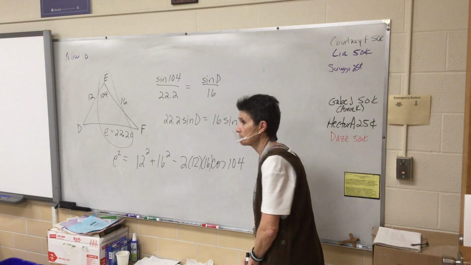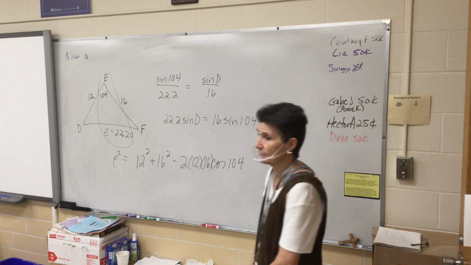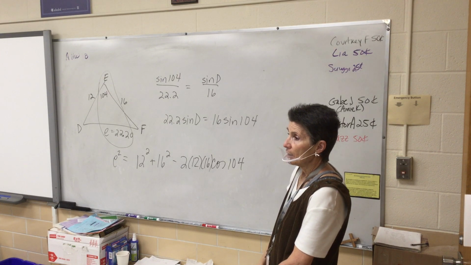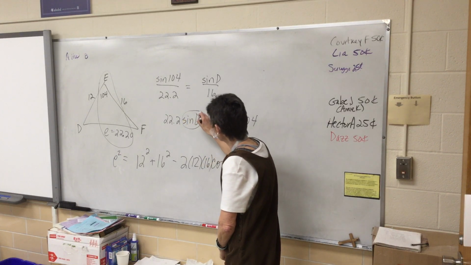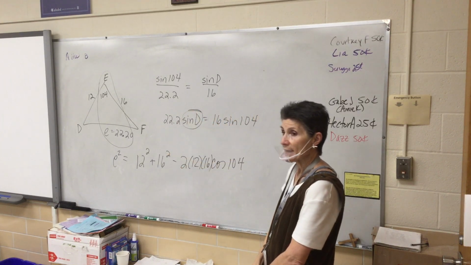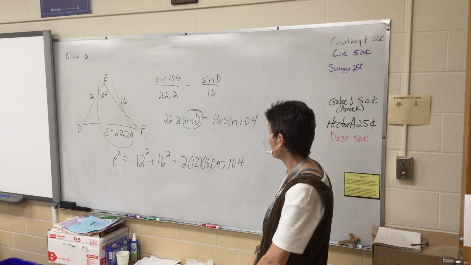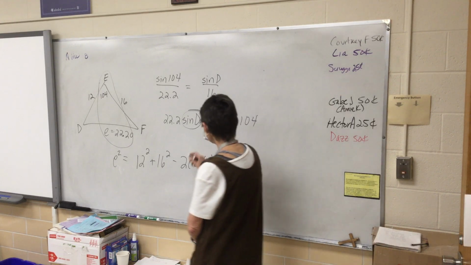This is good law of sines practice for our quiz tomorrow. Identify your variable. It's right here, right? This is my variable. So that tells me what I need to divide by. So this time I'll be dividing by 22.2.